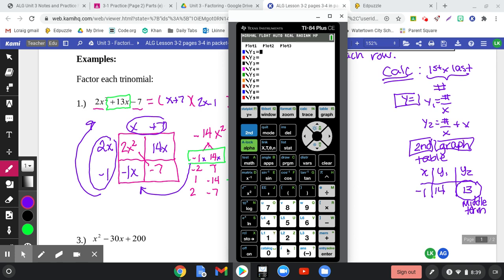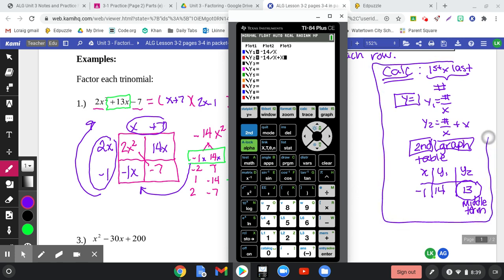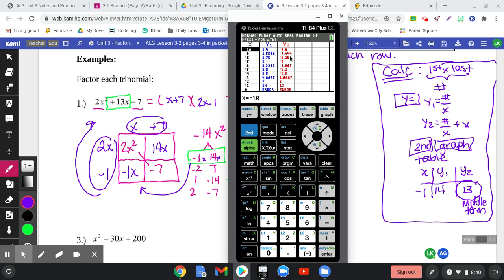If you go to y equals negative 14 divided by x, negative 14 divided by x plus x. I know it seems weird, but you can write this down in your notes and use it each time. You multiply the first and the last, take that number, including the sign, divided by x for y1, for y2, that number divided by x plus x, and then we'll go to second graph to look at the table.